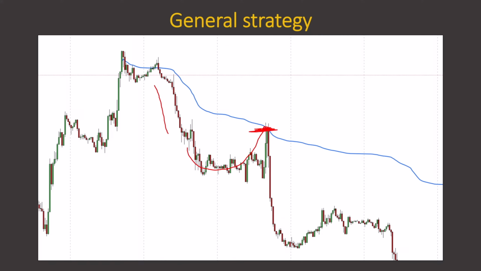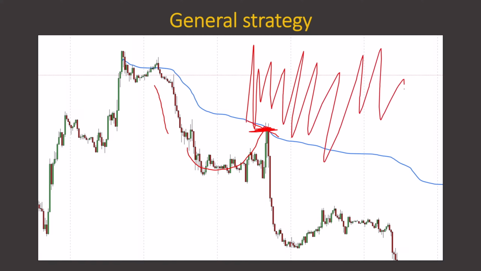Now, if an institutional algorithm is trading, then the goal for the day could be, for example, sell X amount of lots on euro dollar at VWAP or better. In this case, better means here, right?